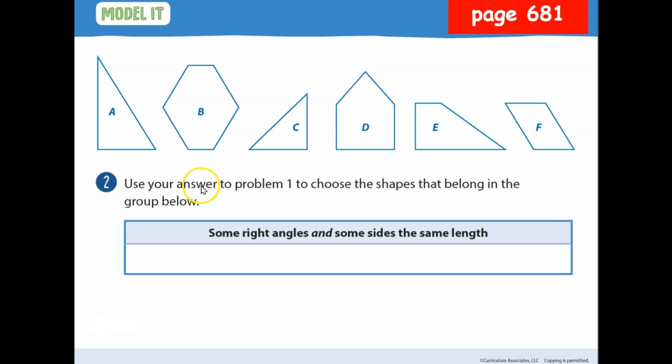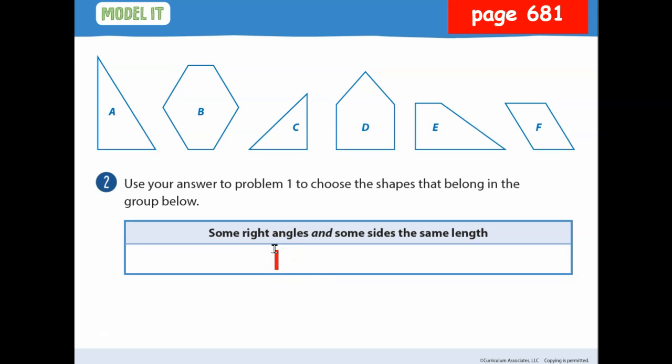It says use your answers to problem 1 to choose the shapes that belong in the group below. Some right angles and some sides that are the same length. All right. I think the only two that do have right angles and have the same side are which two?